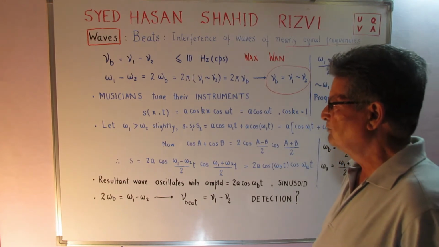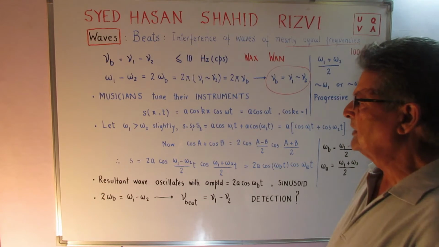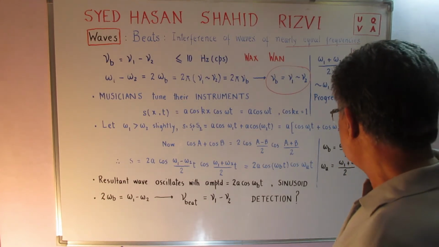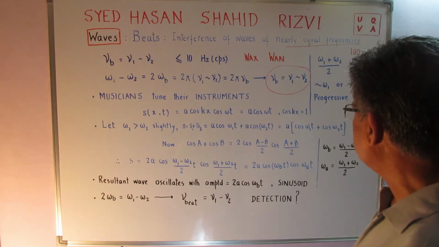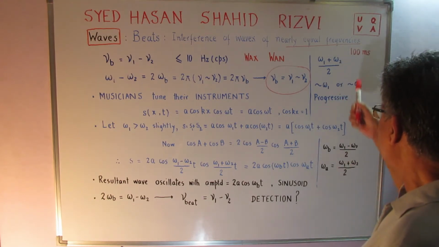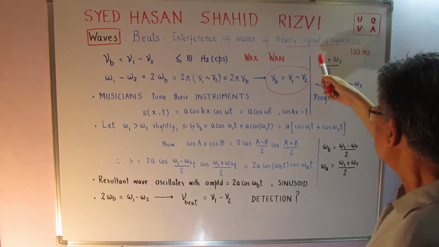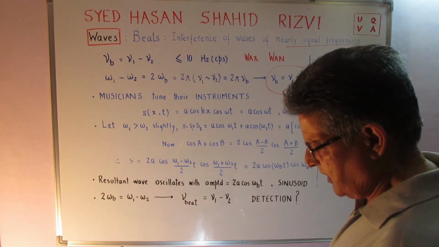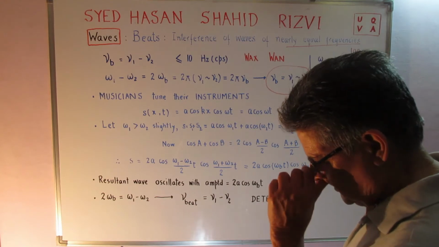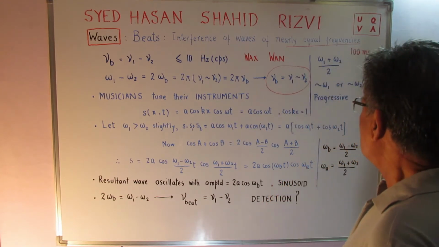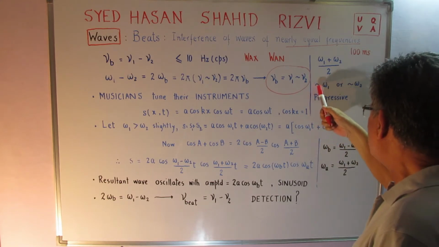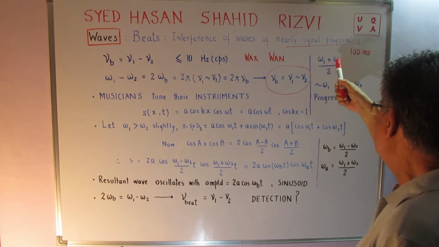Let's talk further about the mathematics of it. It's very simple. One more thing: the frequency with which these waves are propagated is equal to omega 1 plus omega 2 by 2, which is approximately equal to omega, because they are nearly equal to each other.